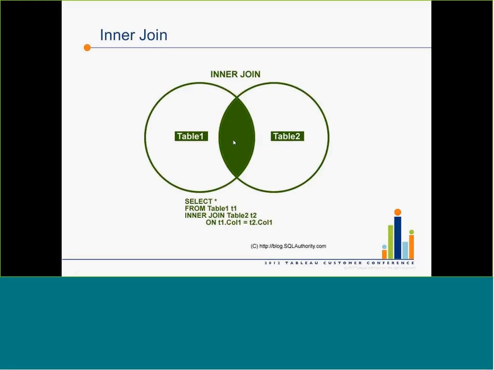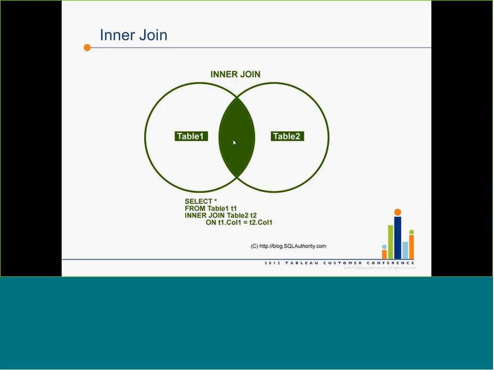Okay, first off, we have the inner join. Basically, we have two tables, table 1 and table 2. We look at what inside of table 1 and table 2 can actually be consolidated together. For instance, we have table 1 with categories 1, 2, and 3, and table 2 with categories 2, 3, and 4.